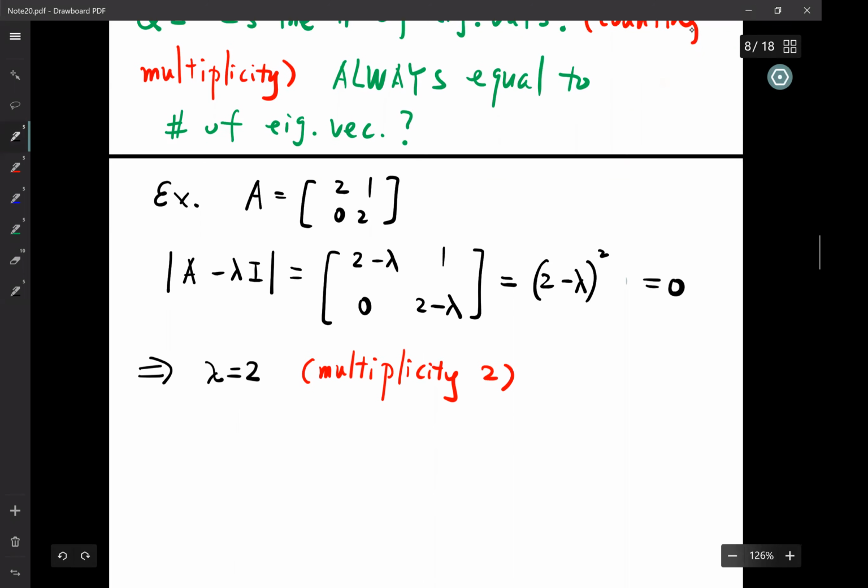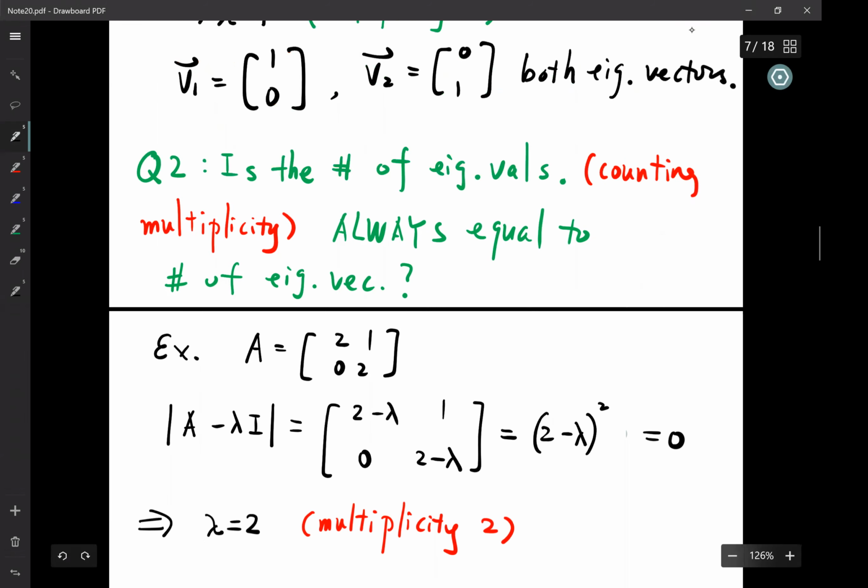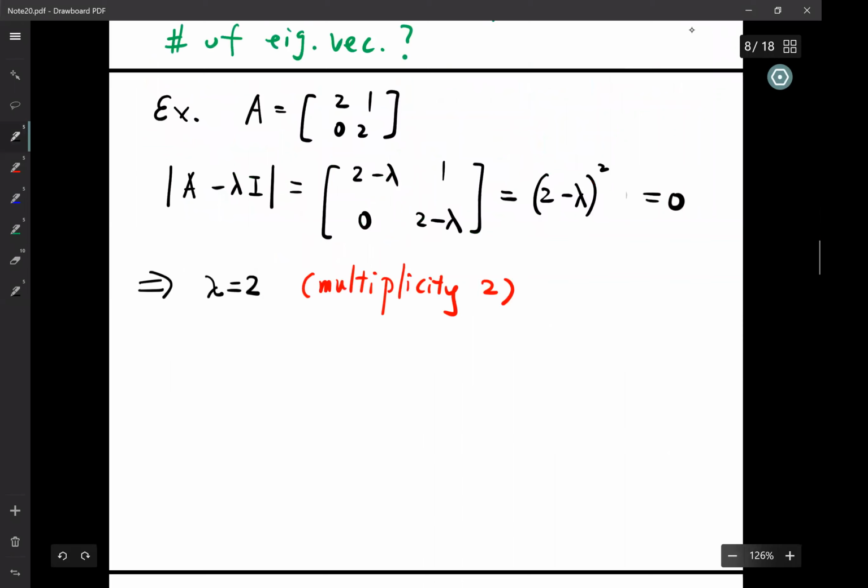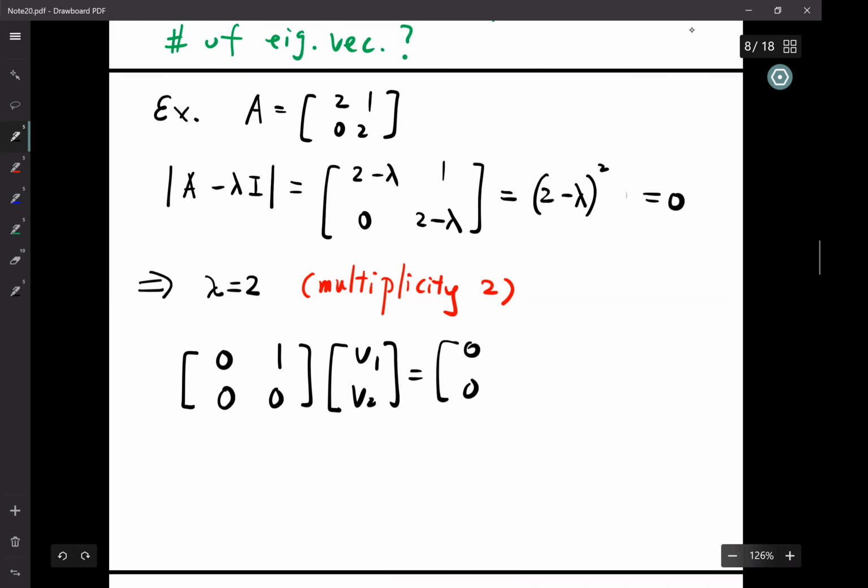Okay. So now let us find its eigenvectors. Let's see whether, as before, we can find two linearly independent vectors. So this means that the corresponding eigenvector B satisfies the matrix 0, 1, 0, 0 times B1, B2 equals 0, 0.